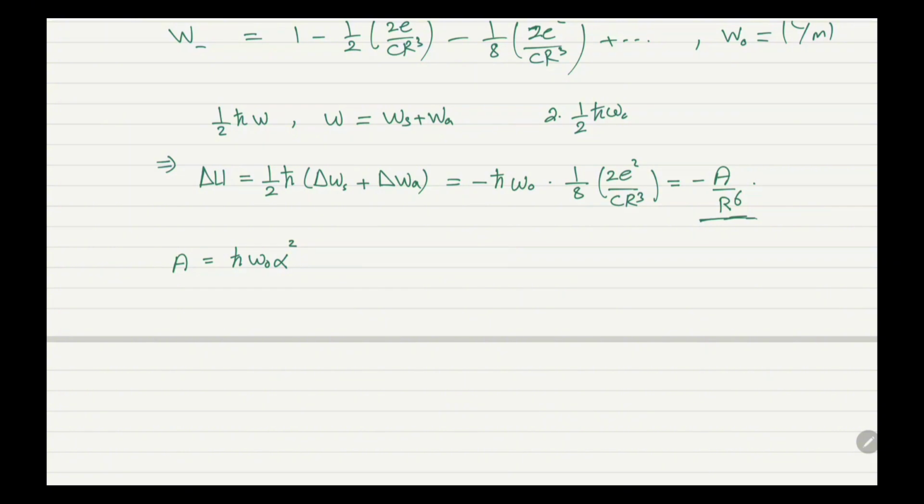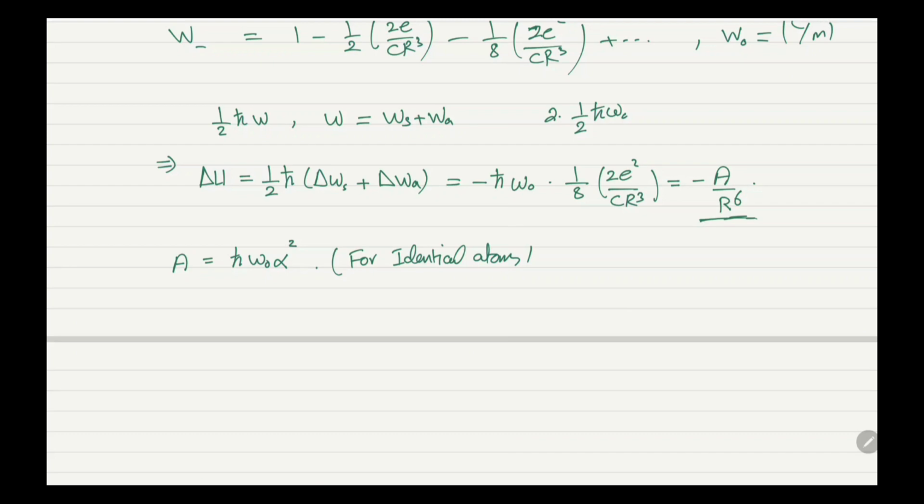In such a way, h bar omega naught is the energy of the strongest optical absorption line. Alpha in this case is the electronic polarizability. This one is for identical atoms.